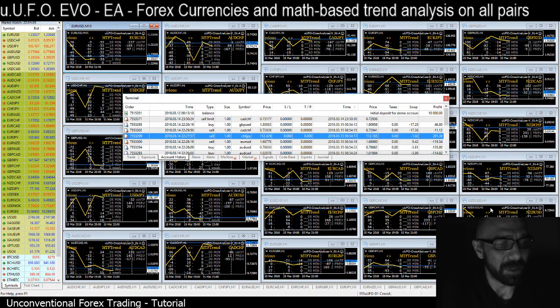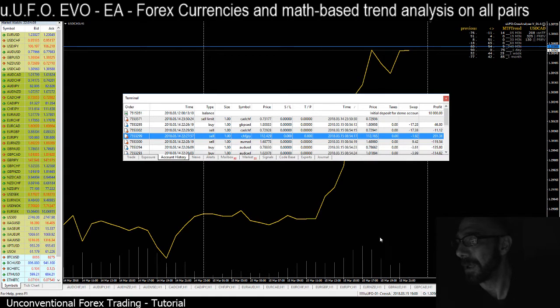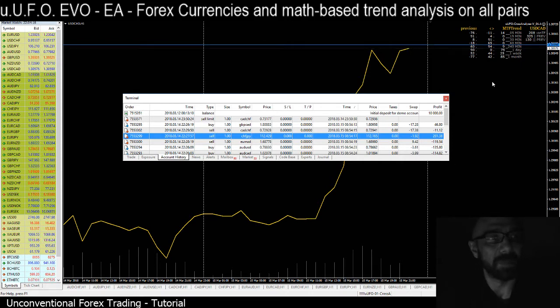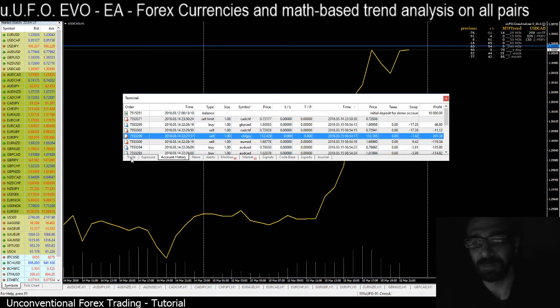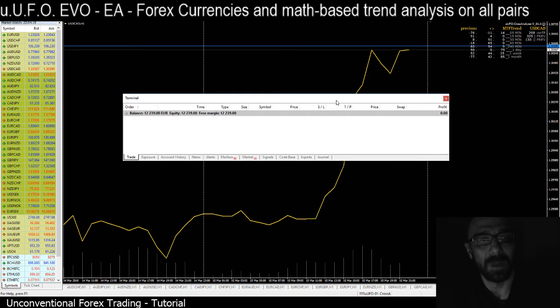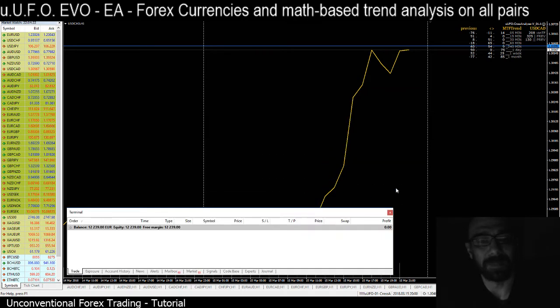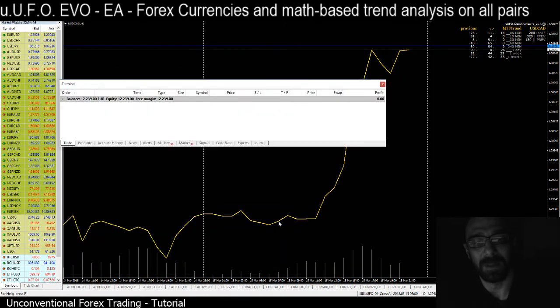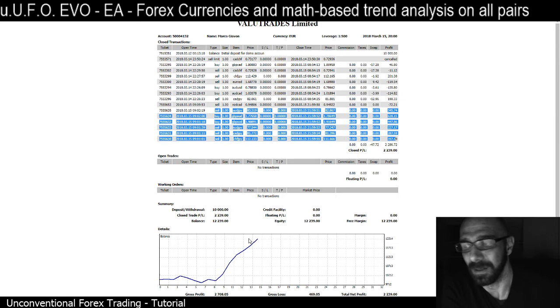Let's grab some USD CAD, the one that was taken out from my picture here. So USD CAD was very nice, almost like this curve anyway.